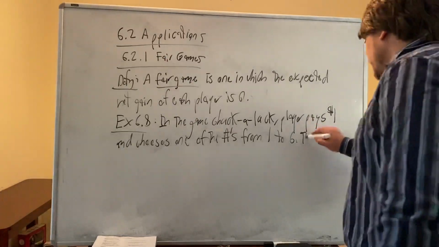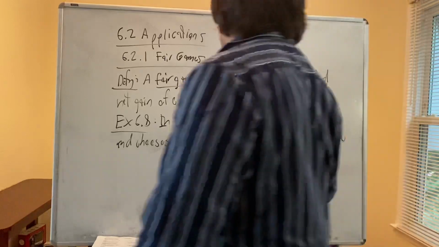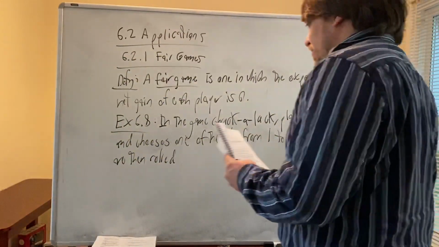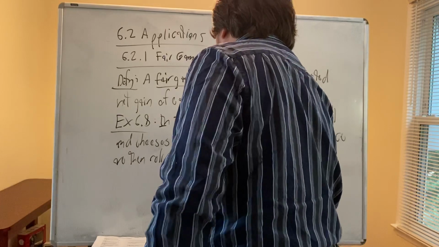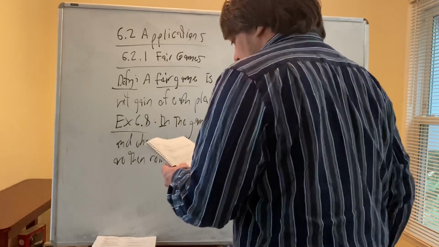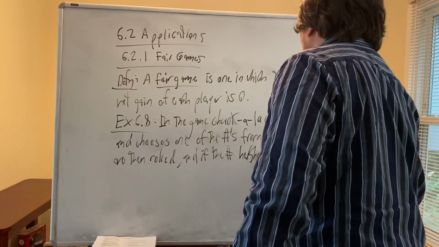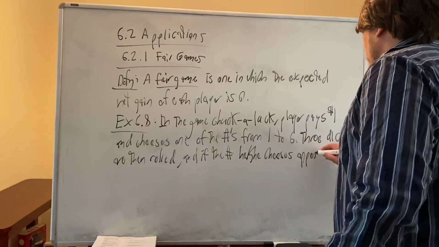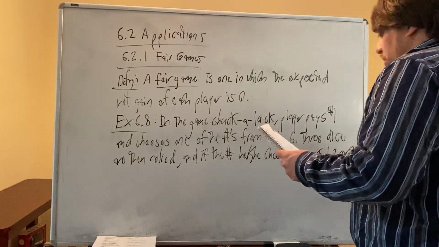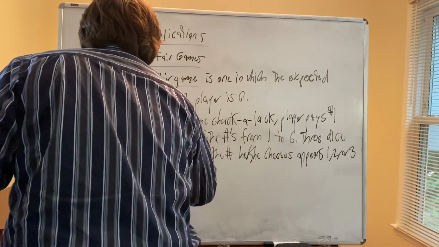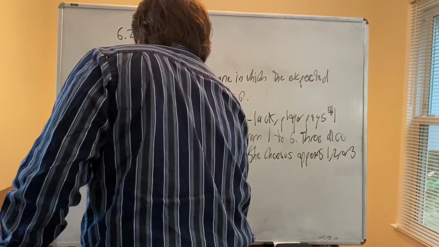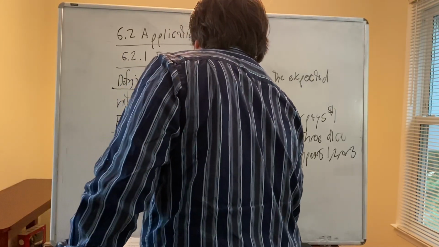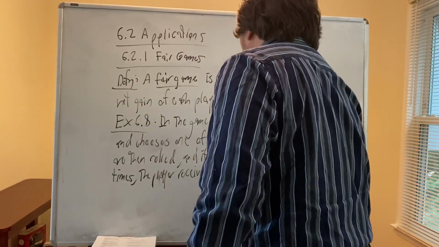3 dice are then rolled. And if the number he or she chose appears 1, 2, or 3 times, the player receives $2, $3, or $4 respectively.